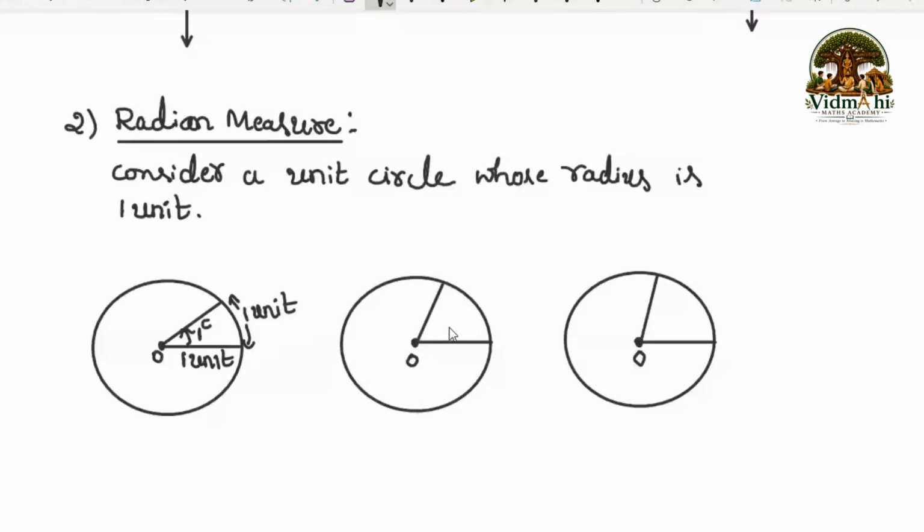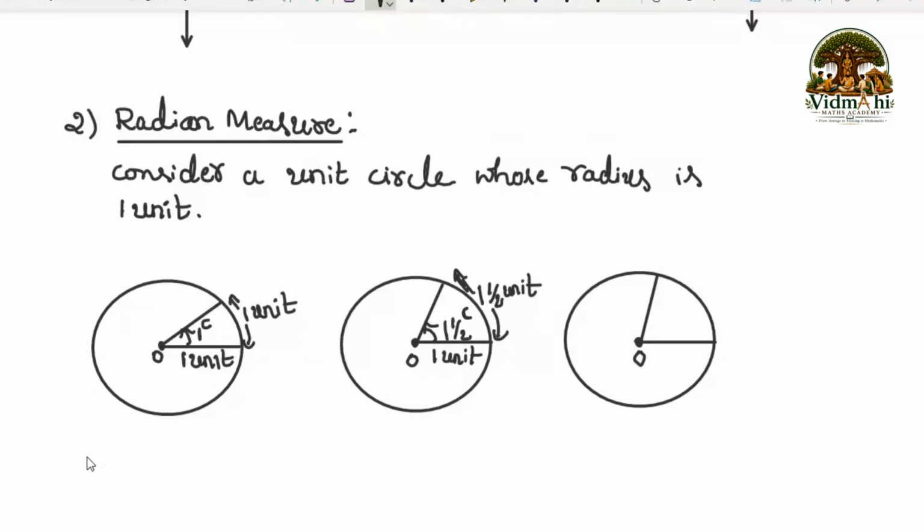For example, if you consider the next one, here the radius is 1 unit and the arc length is 1.5 unit. Now the angle is 1.5 radian.